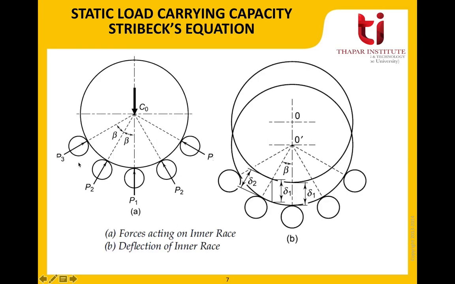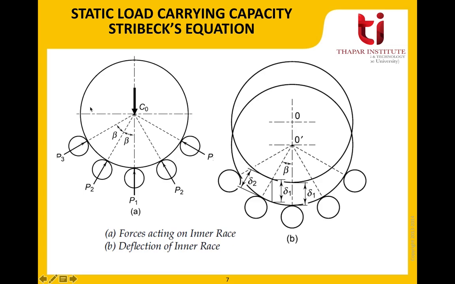Now you can have a look. There will be balls in the entire circular region, but we are just depicting balls in the lower half. So this is the lower half of the bearing, and this is the upper half of the bearing. Now the balls in the lower half will be in contact with the outer race and the inner race, as can be seen here. I've not depicted the outer race, but they will be in contact with the outer race as well.